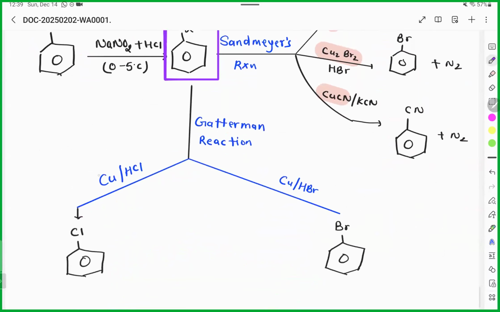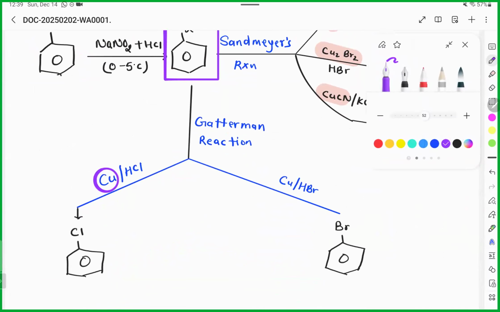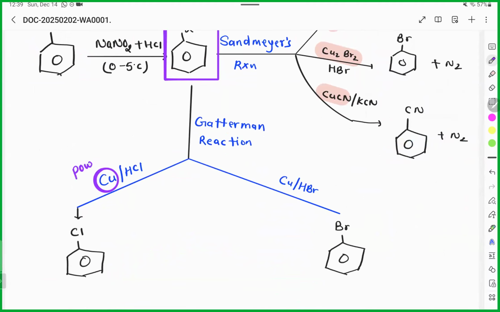But here, pure copper powder. Okay, I will write this copper powder form. When you add copper in powder form, this will happen. But Anvita, which one is better? Is Sandmeyer better or Gattermann better?